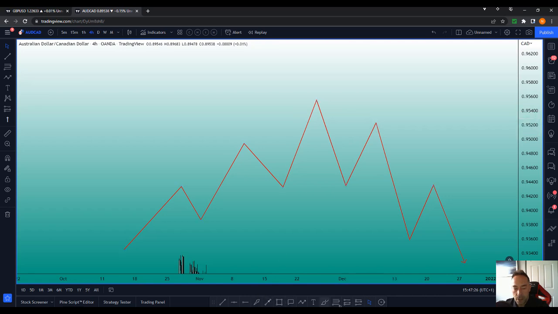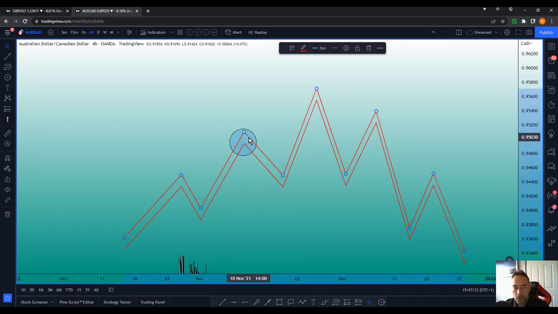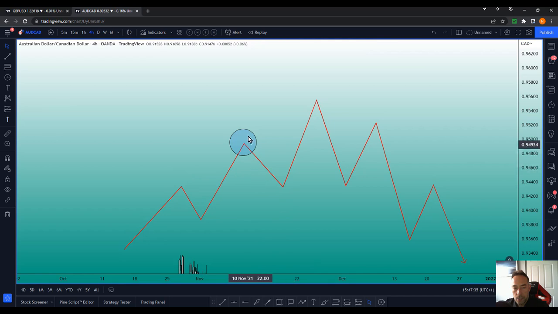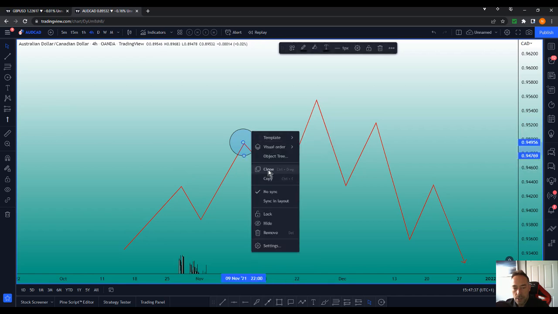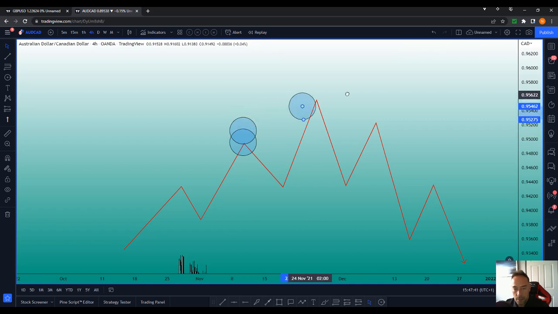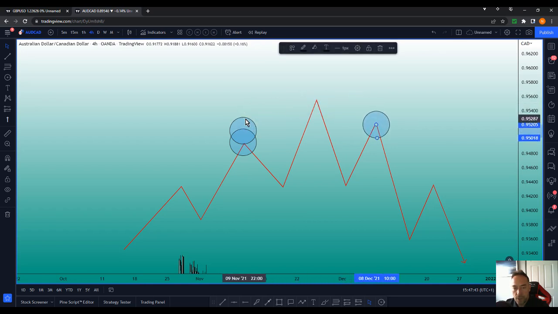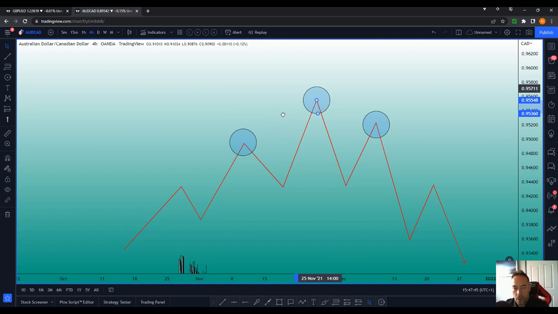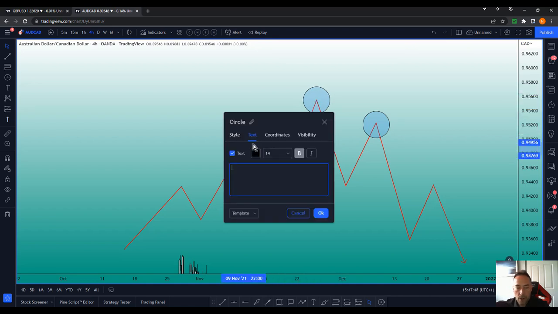So let's just put some little circles on there. We'll clone that, and let's clone it again. Move that over there, move that over there. So, write some words down here. So this would be our left shoulder.